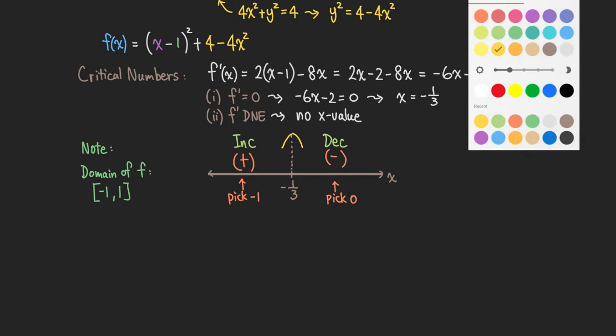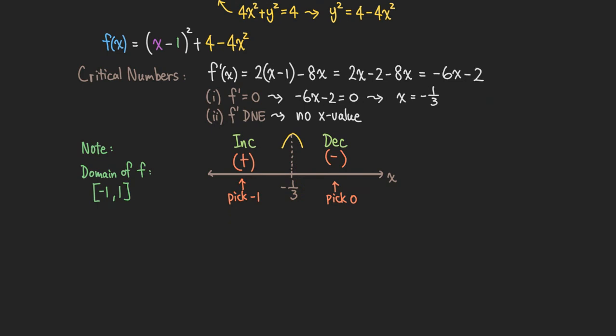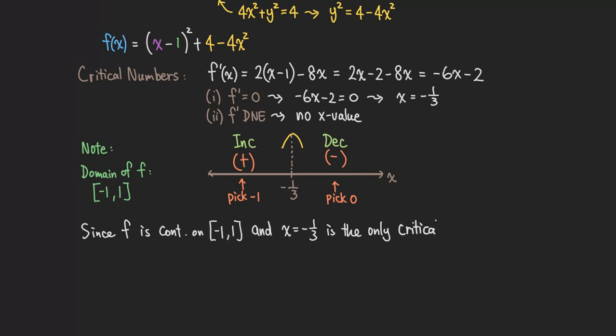Okay, so now we can actually start drawing the conclusion. We can say that since f is continuous on the domain negative 1 to 1, and x equals negative 1 over 3 is the only critical number in this interval, right?